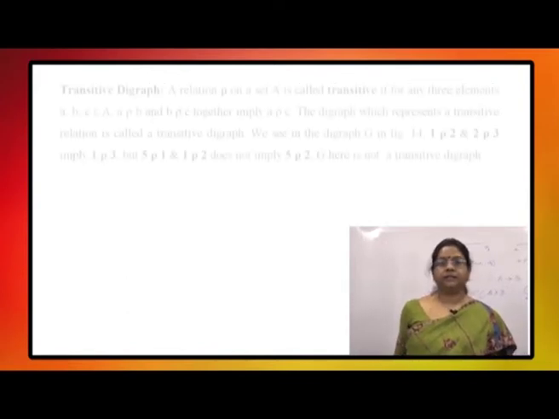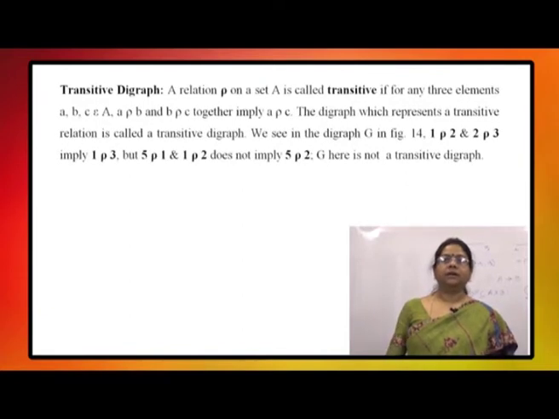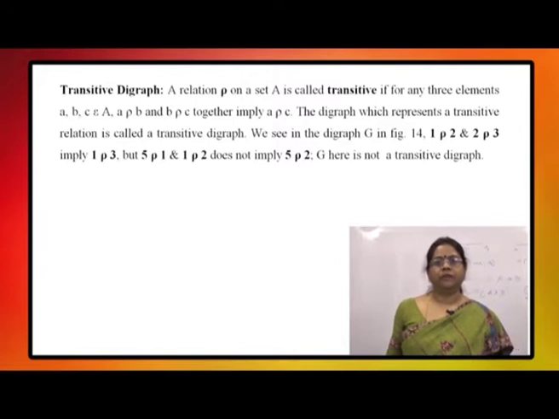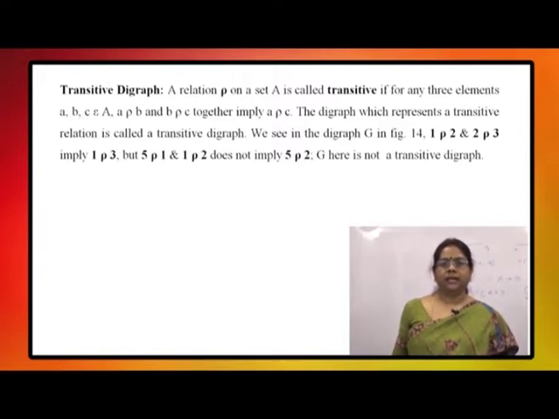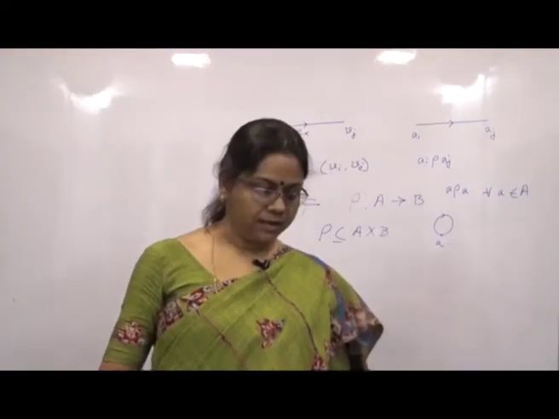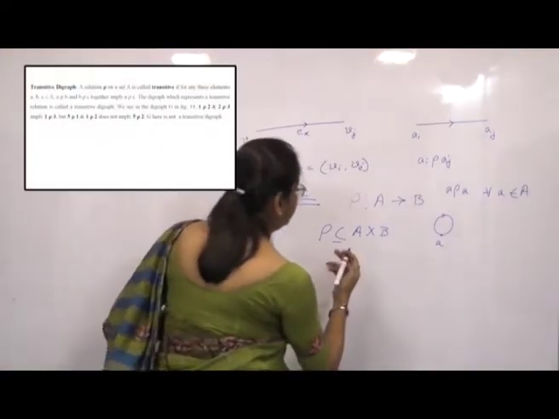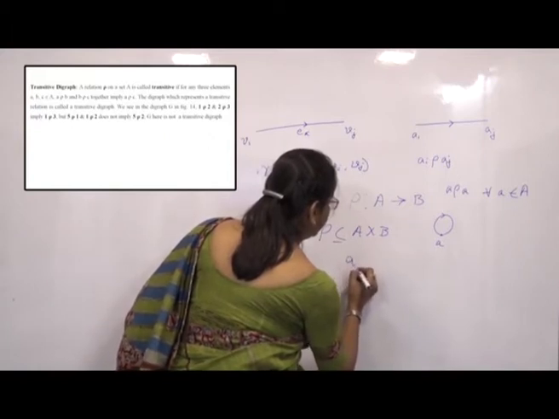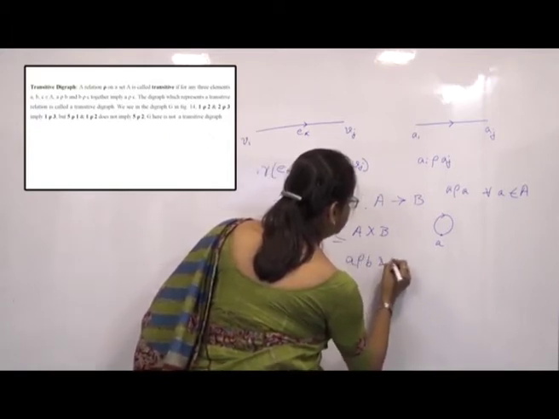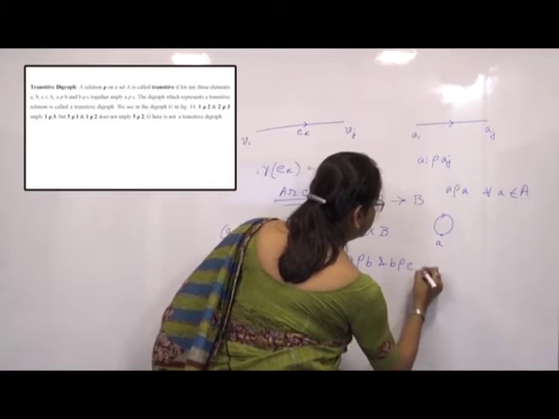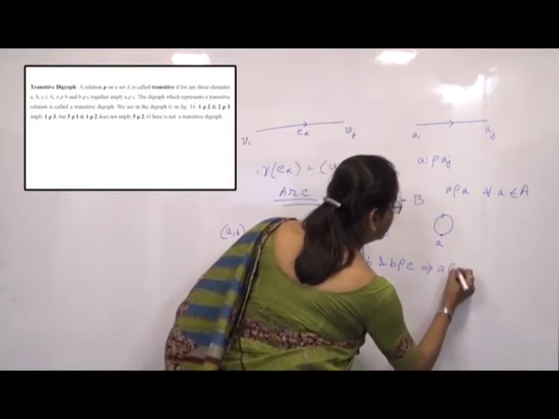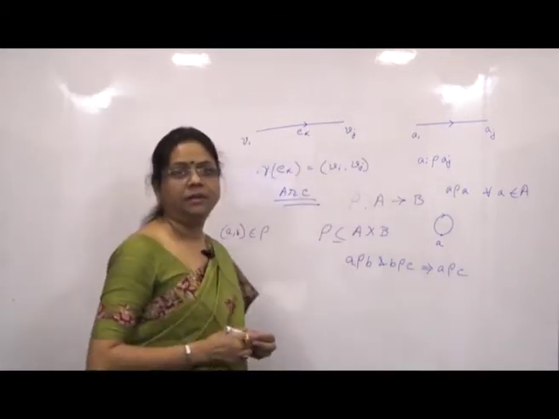Now what is a transitive relation? We know a relation rho on a set is called transitive if for any 3 elements a, b, c in A, a rho b and b rho c implies a rho c.